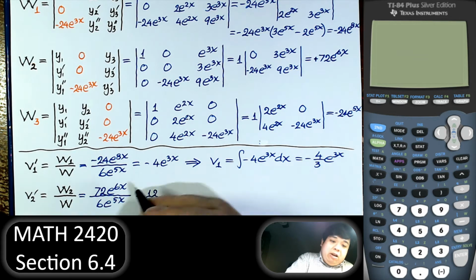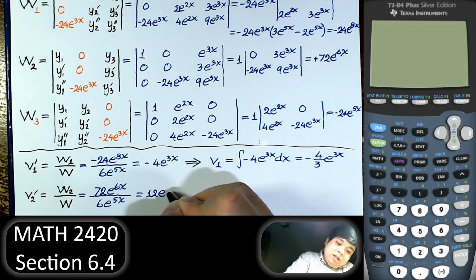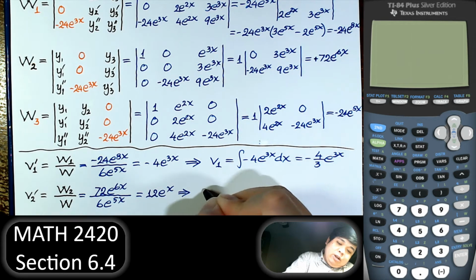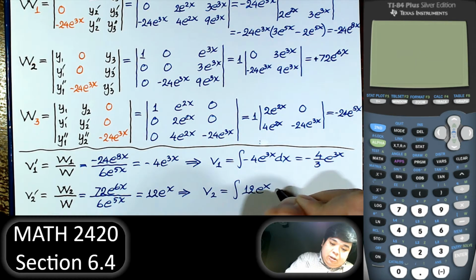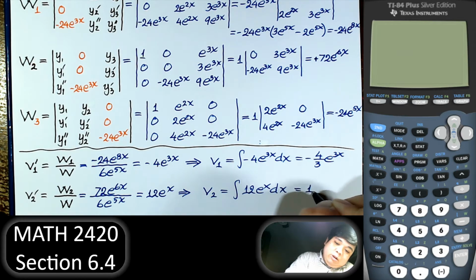Then e^(6x) over e^(5x), 6x minus 5x is just x. And then we integrate, which is 12e^x.